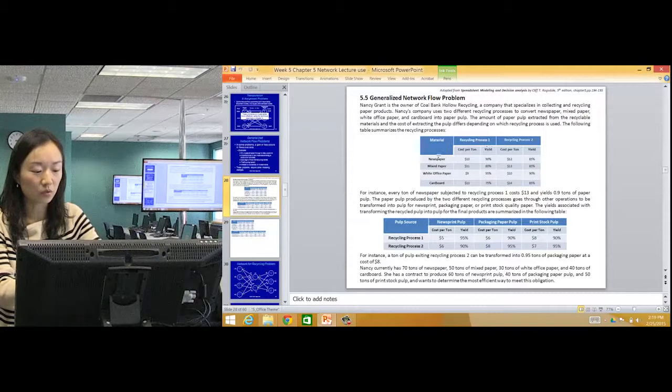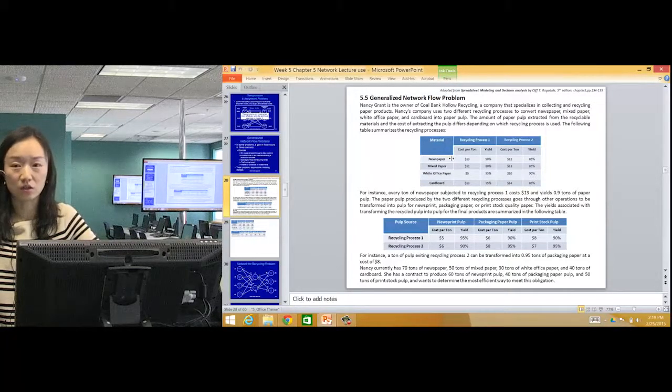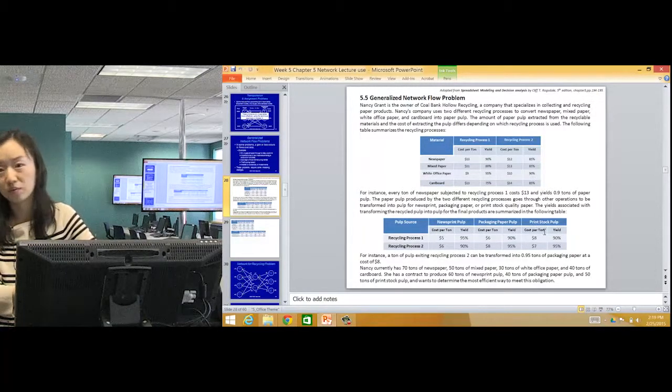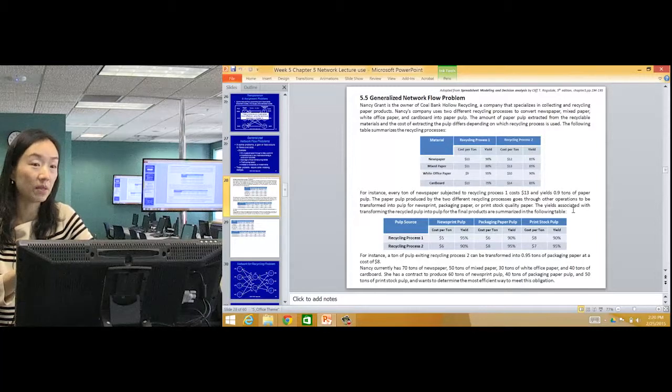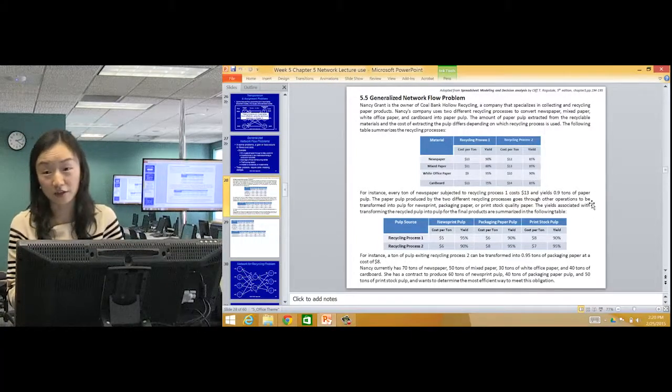And since those raw materials went through two different steps, we had some middle points, transshipment nodes, representing the two recycling processes. And the end products, which are those three types of paper pulp, we represent as three destination nodes. So one challenge and one key learning point from this problem is how to transform a business problem like this into a network.